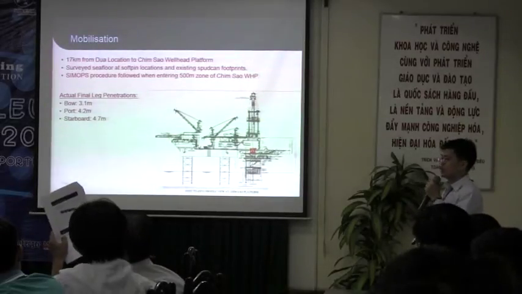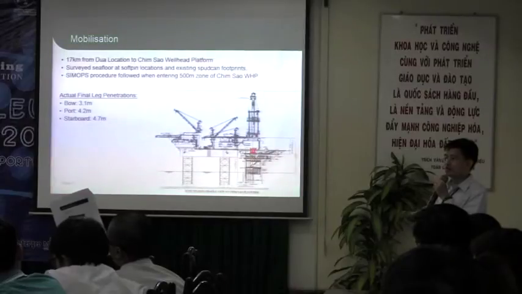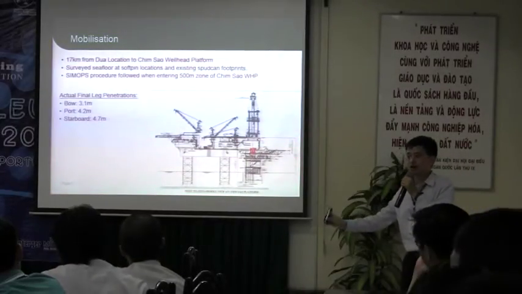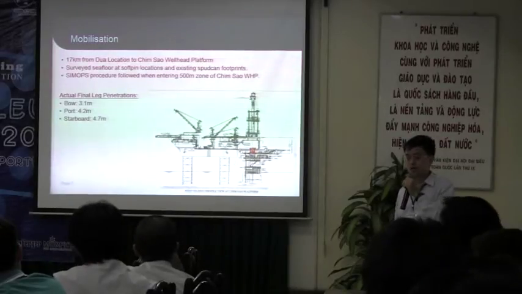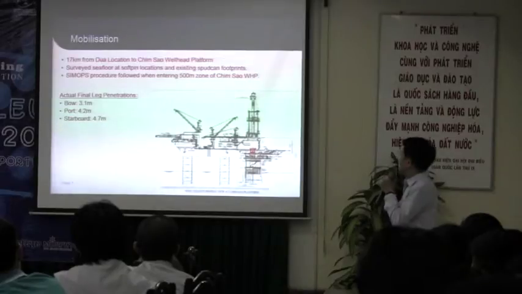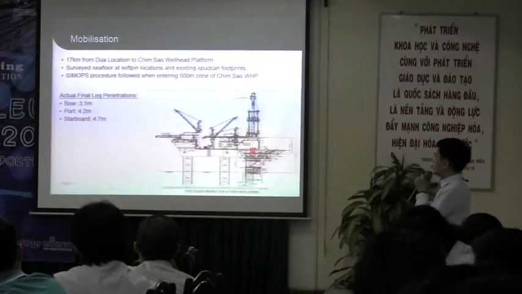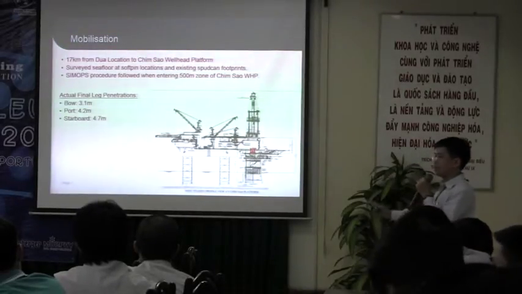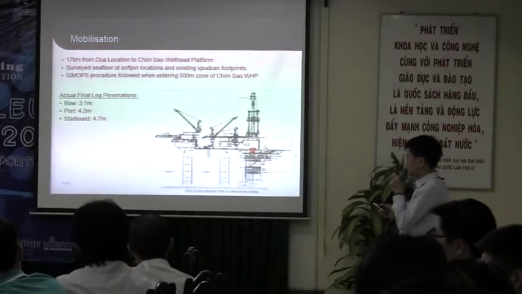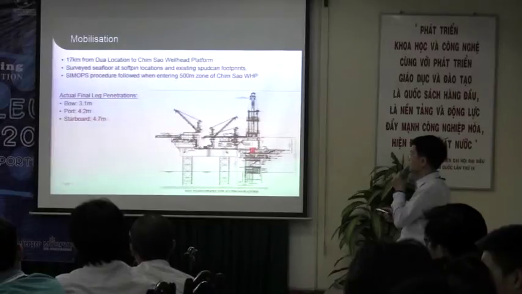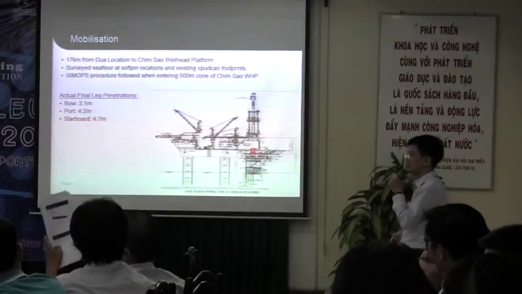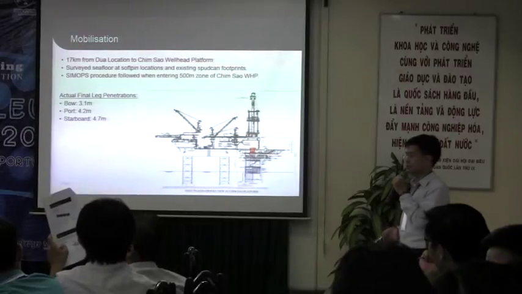Before the rig approaches the location, we use ROV to survey the seabed to see if we can put the rig down on the same footprint that ENSCO 107 was before. And we have quite a competent seabed, so the leg penetration is quite small, less than 5 meters penetration of the leg.